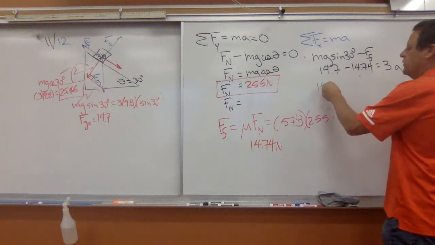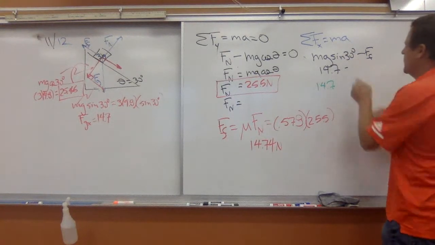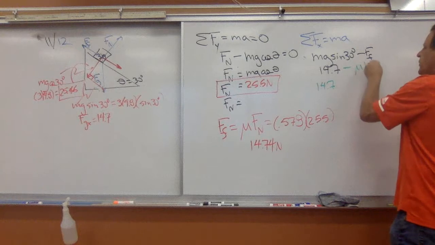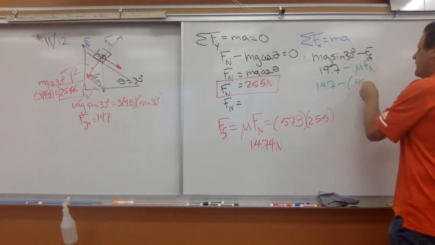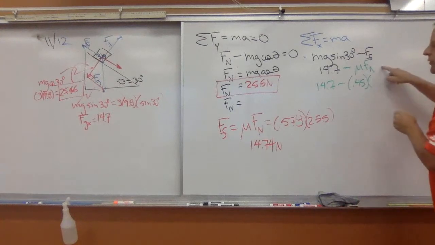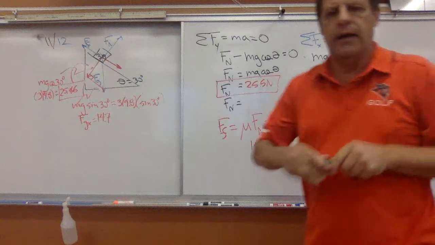Except now we're still going to have this 14.7, but now we're going to have this mu times the normal force, but this time our mu is 0.45 and our normal force is 25.5.